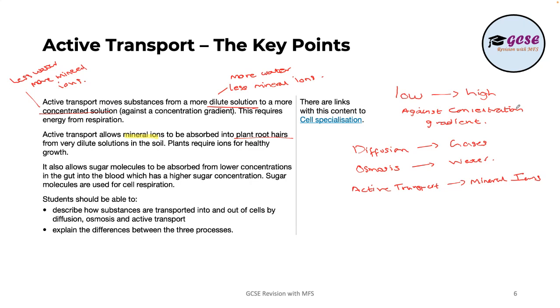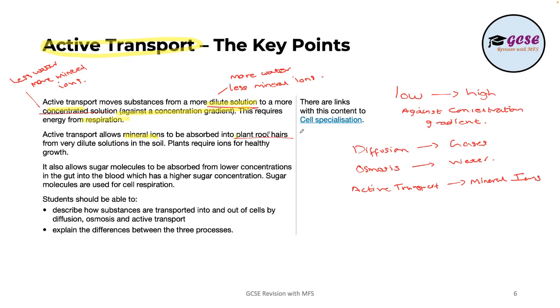Okay, so ultimately, you need to be able to compare active transport, diffusion, and osmosis. Dilute to concentrated, against the concentration gradient, requires energy from respiration.